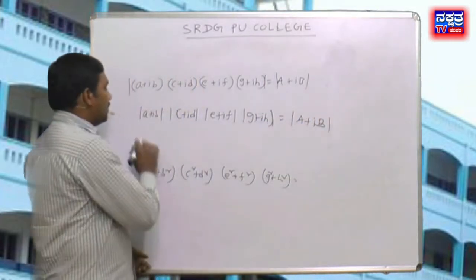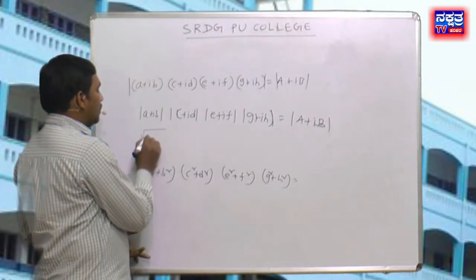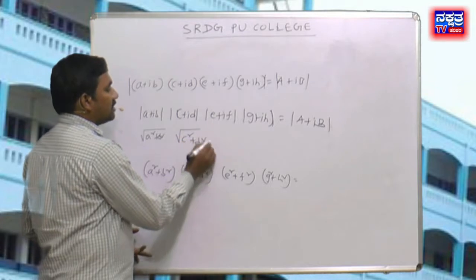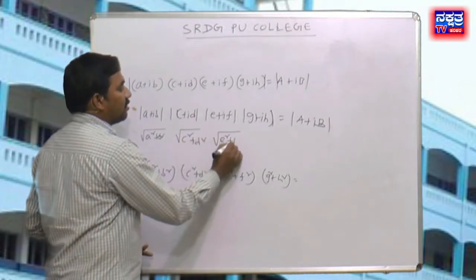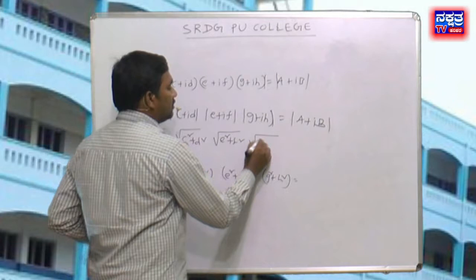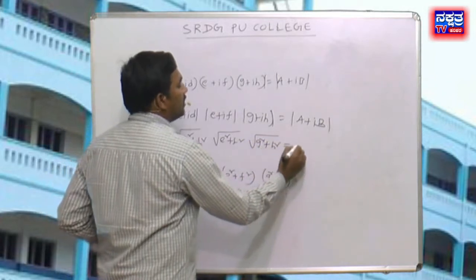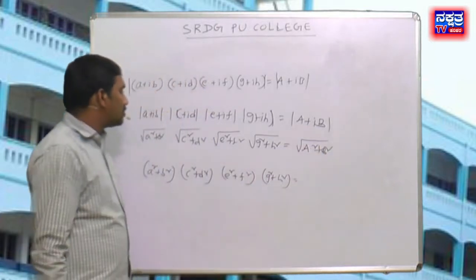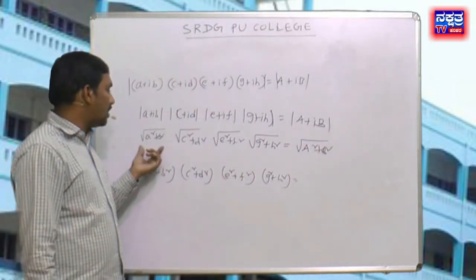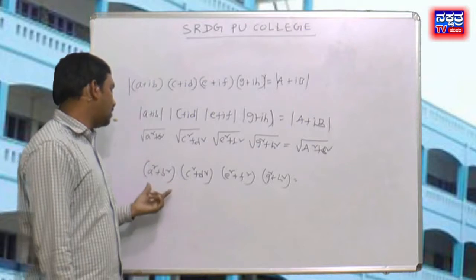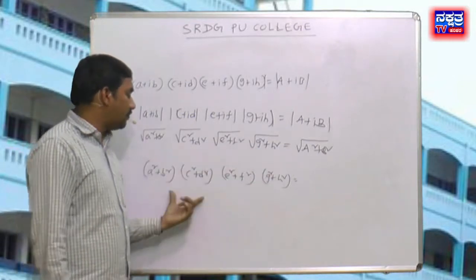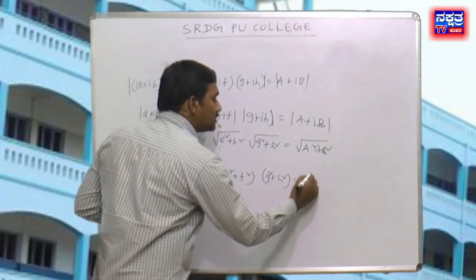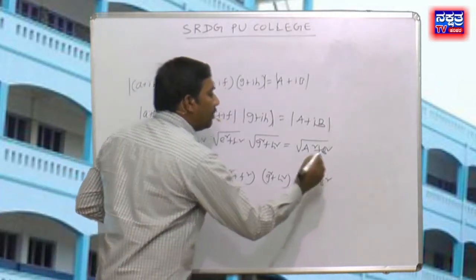Here mod of a plus ib is root of a square plus b square, and root of c square plus d square, root of e square plus f square, root of g square plus h square, equal to root of A square plus B square. To get this term we have to do squaring on both sides. Then the answer is A square plus B square.